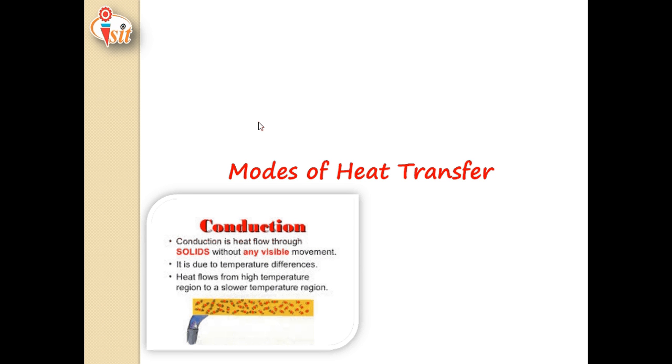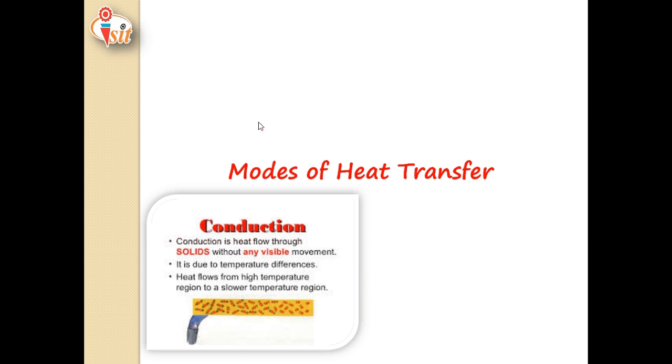Now coming back to modes of heat transfer. There are three modes of heat transfer. First one is conduction. Generally conduction takes place in solids without any appreciable movement of molecules. This conduction is generally due to lattice vibration or free electrons.